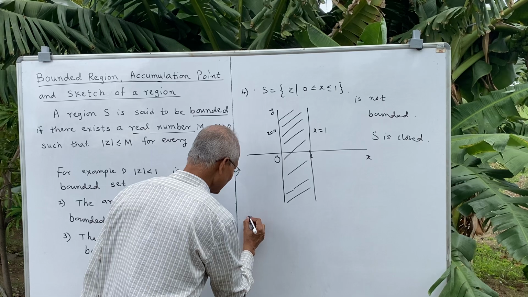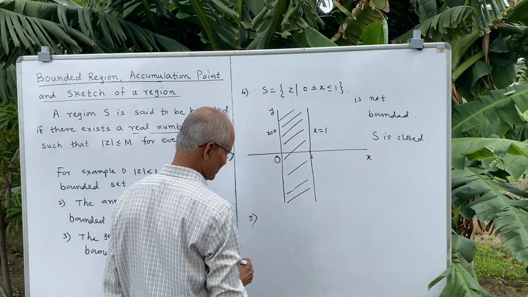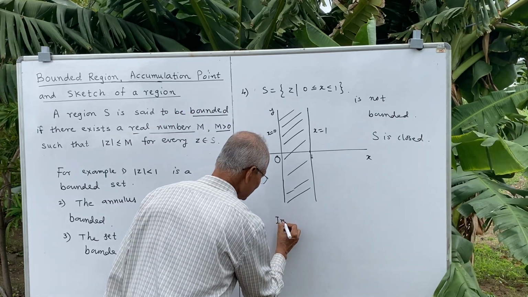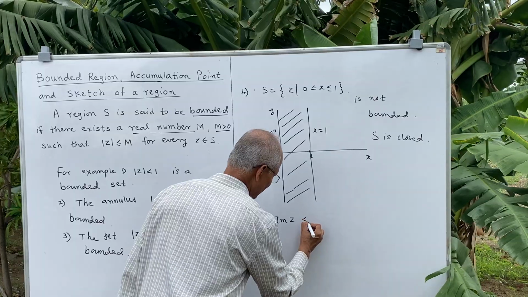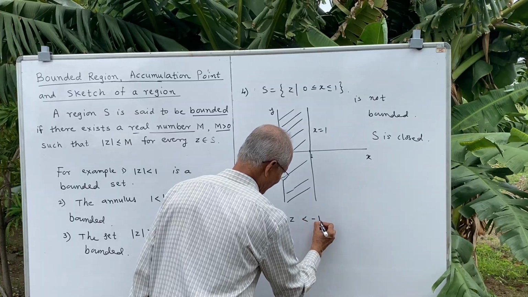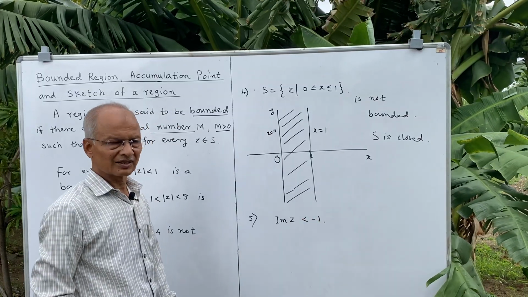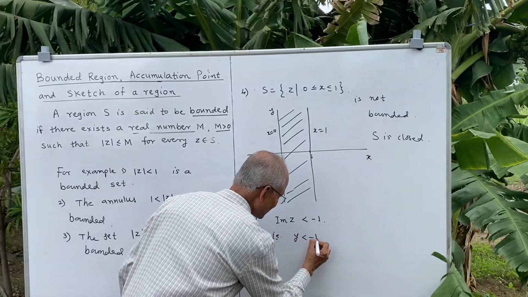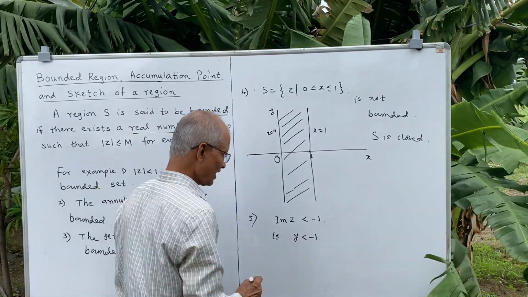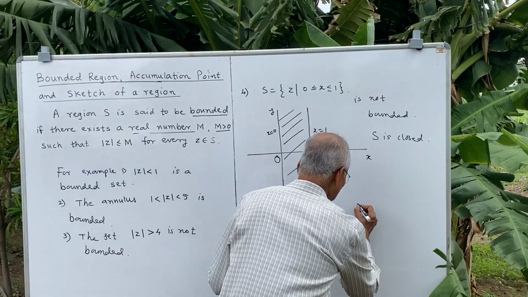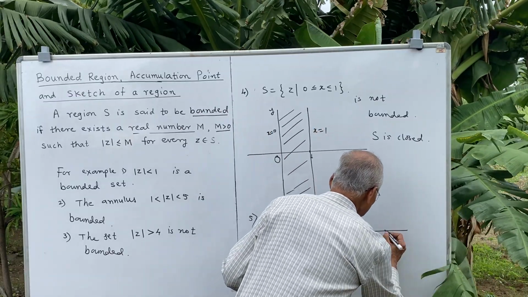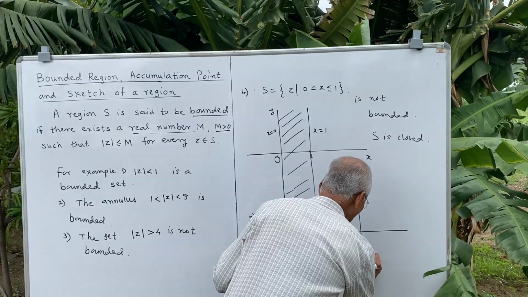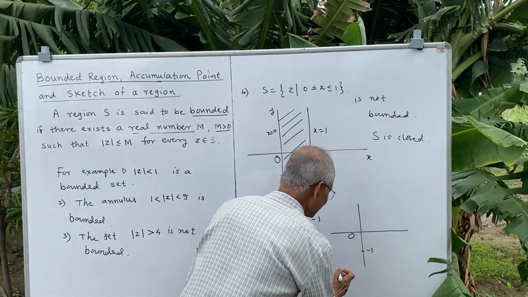Another example of a set which is not bounded can be considered as imaginary part of Z less than minus 1. What is the meaning of this? That is y strictly less than minus 1, and if you sketch this, see, this is the origin, and we may consider y equal to minus 1 here.